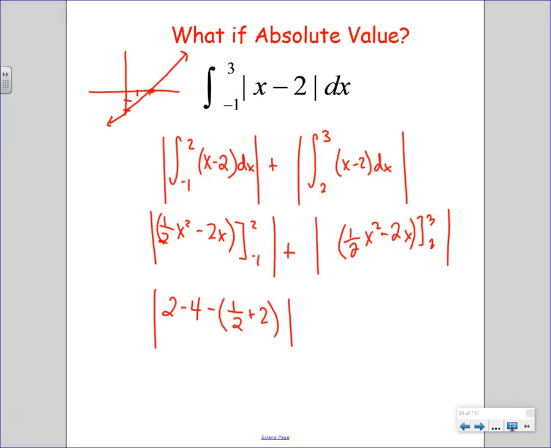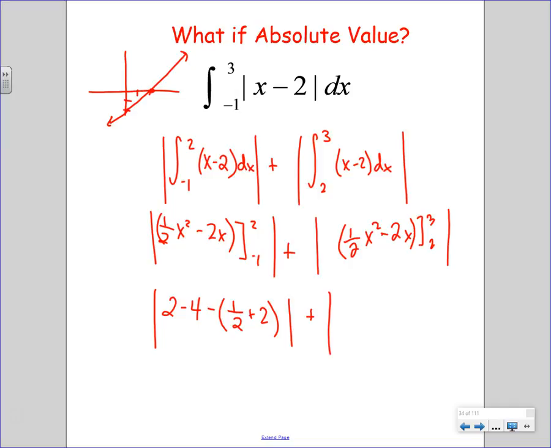So it should be, double check my math though, 4 over 2 is 2, minus 2 times 2 is 4, minus. Plugging in the -1, 1/2, -1 is plus 2. Good. Plugging in the -1, but you're subtracting f of a. Oh, wait, 2 minus 1.